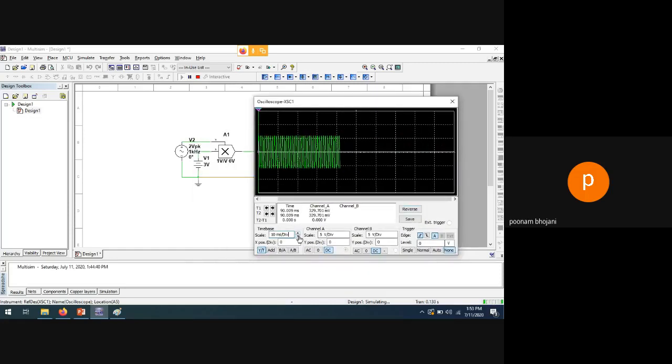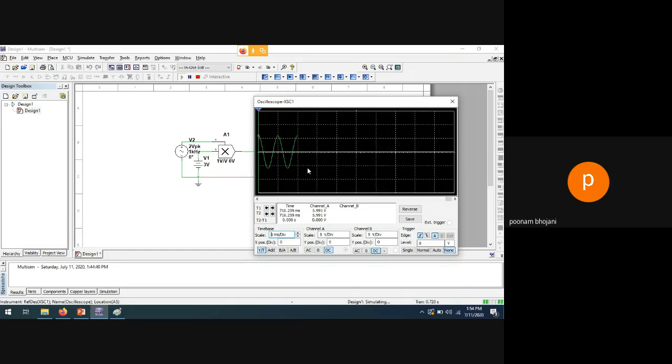Let me decrease the frequency. See, now let us see how much voltage is there. See, 5 volt per division. One division is covered positively and some more, 1 plus something, right? So 6 volt in the positive cycle and 6 volt in the negative cycle. Simple, right?